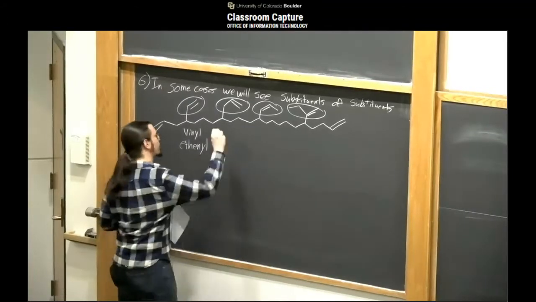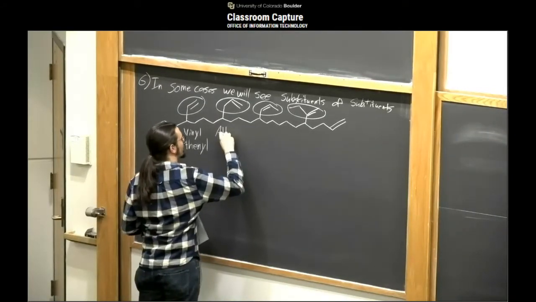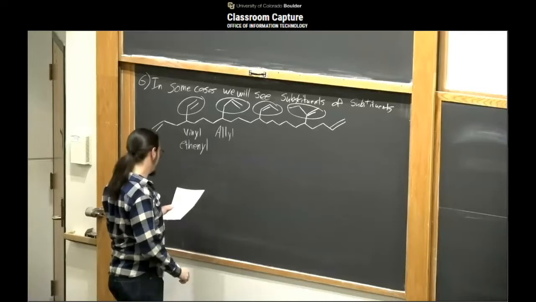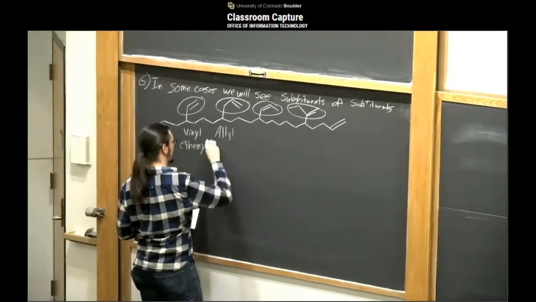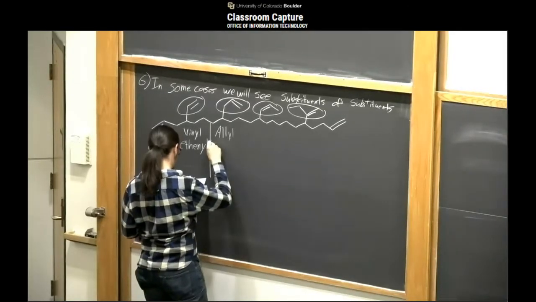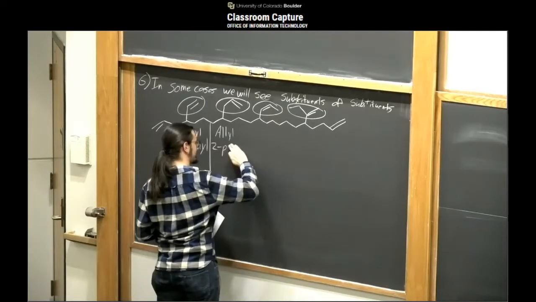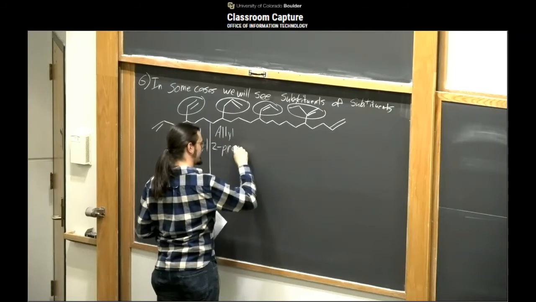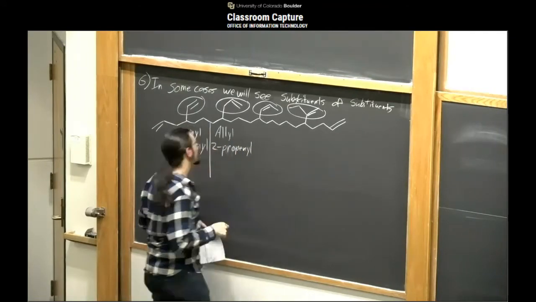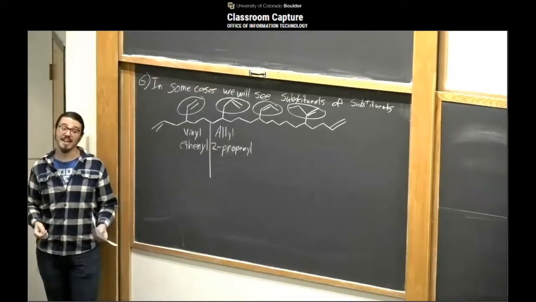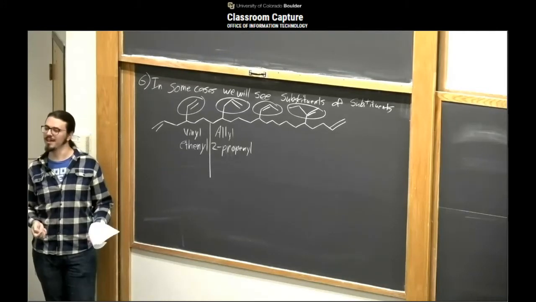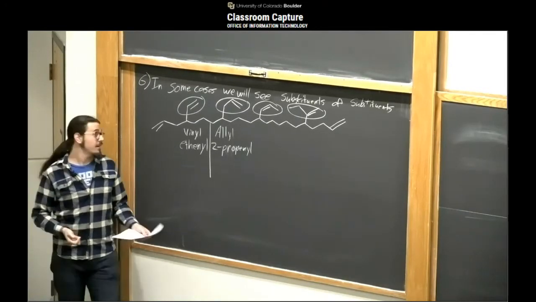So for the next one, we have one name for it, which is allyl, but the more systematic name would be 2-propenyl. Where again, it is a propyl, it is a 3-carbon chain.